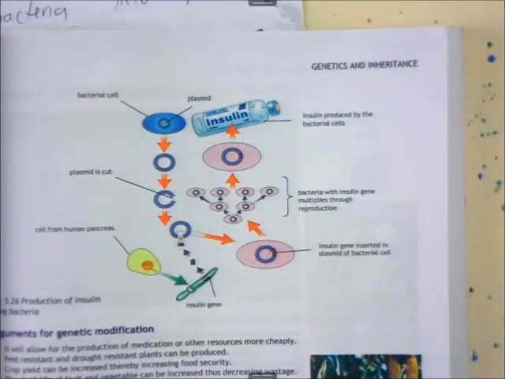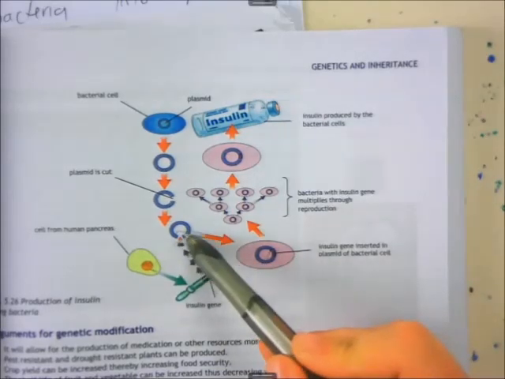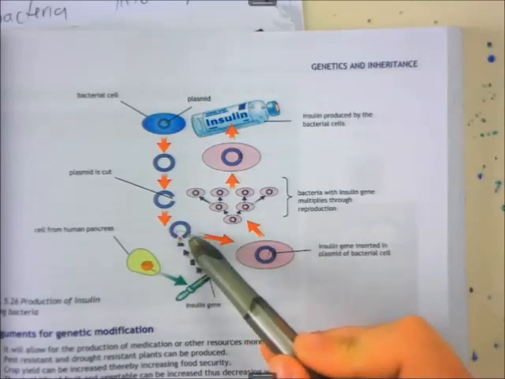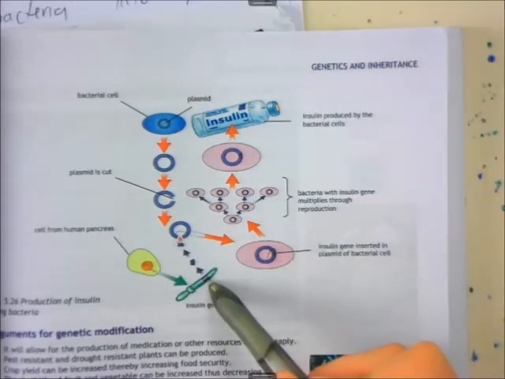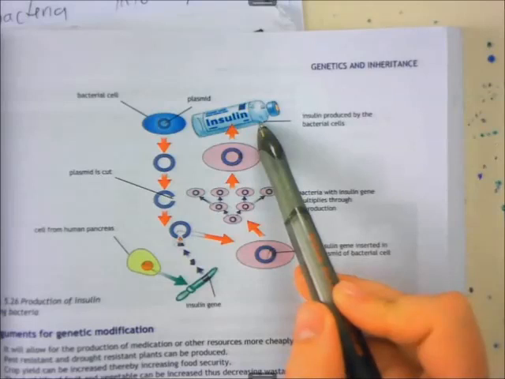And this is something that obviously is biotechnologically driven as well. It is linked to genetic engineering because you have manipulated the DNA of one organism, and you've used DNA from another organism, and by the end of this process we've been able to make insulin.